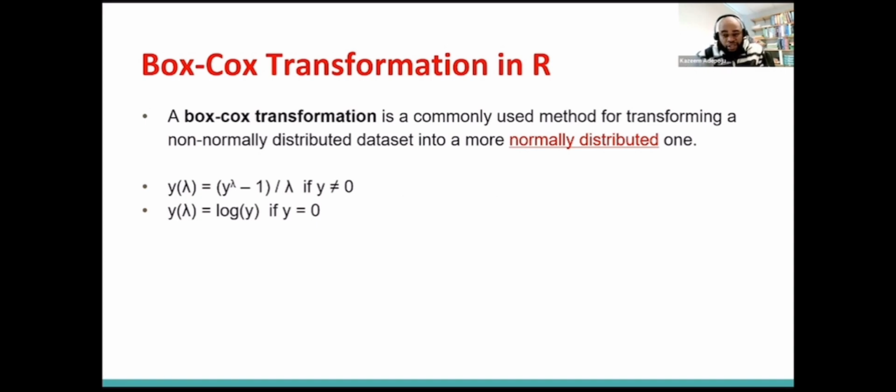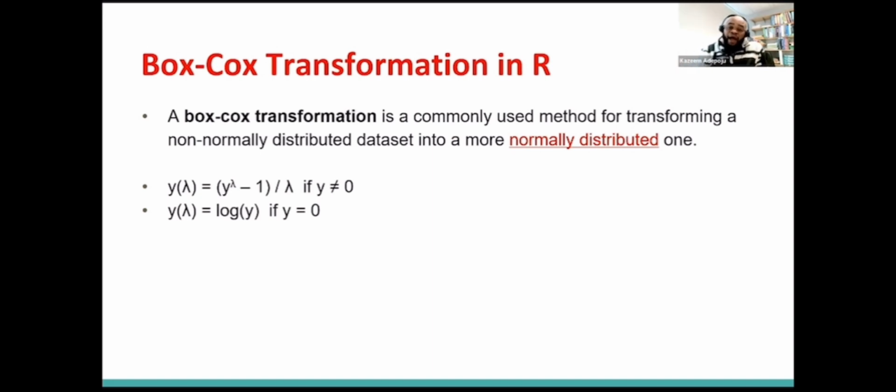Why? Because the distribution of the response variable is assumed to be the distribution of the residual. I'm going to say that again. The distribution of the response variable is assumed to be the distribution of the error, and they need to have the same distribution, if you look at what we've done before.